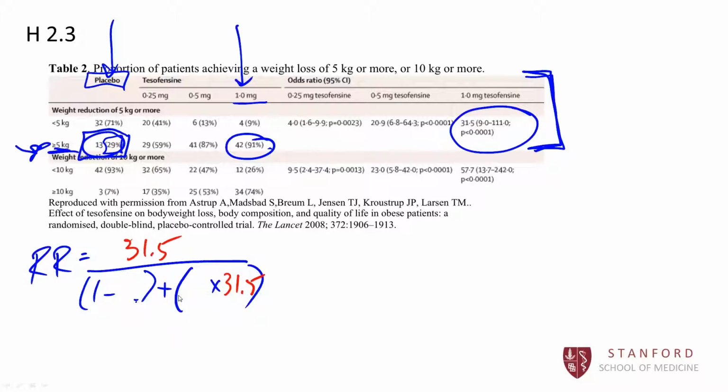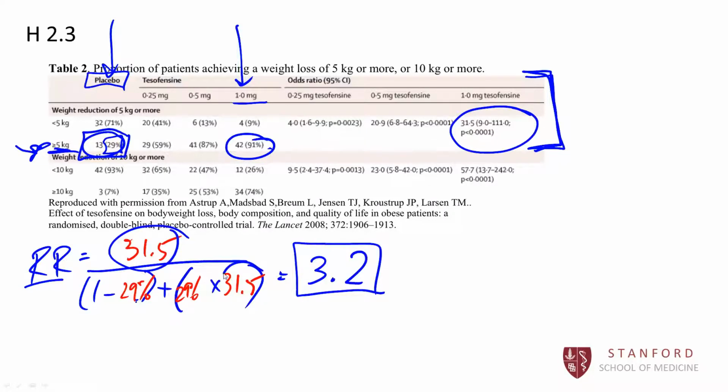So we're going to write that in, 29%, or 0.29. And then when we do out this calculation, we see that the adjusted risk ratio is 3.2. And of course, this is the adjusted risk ratio because we're using the adjusted OR to make this conversion.